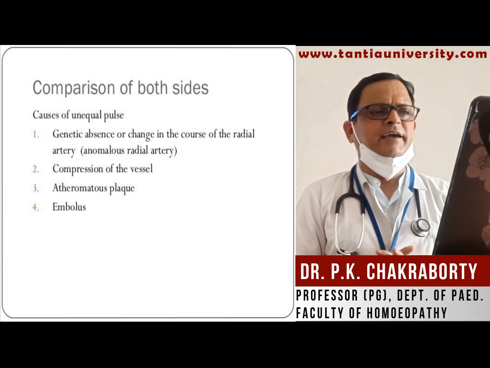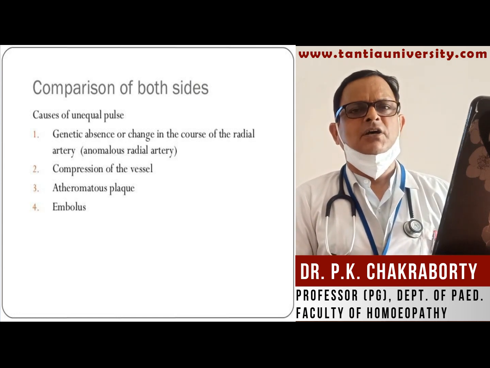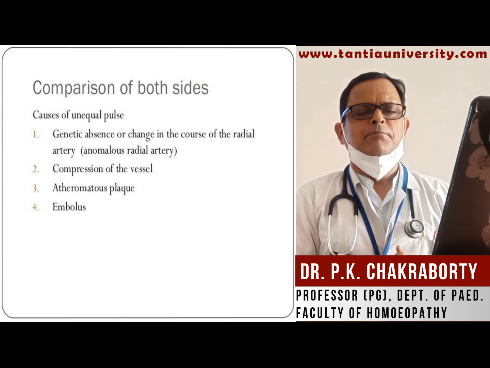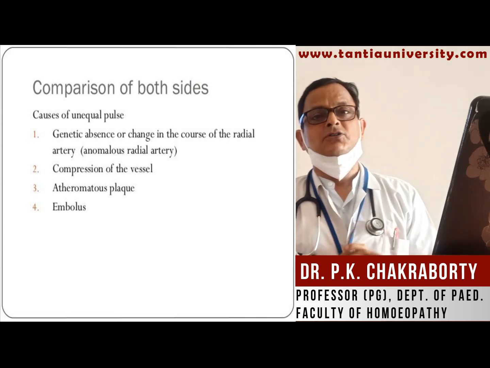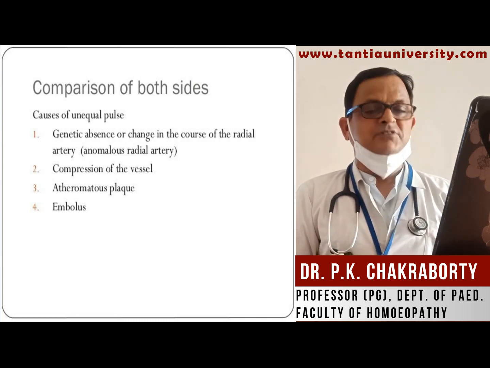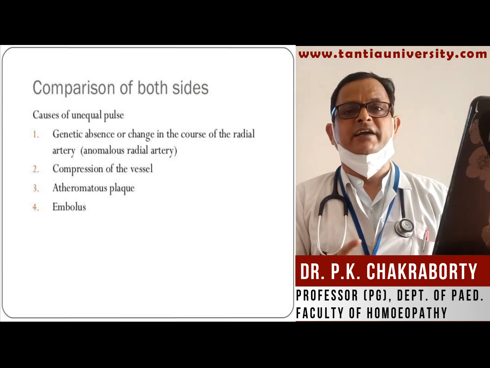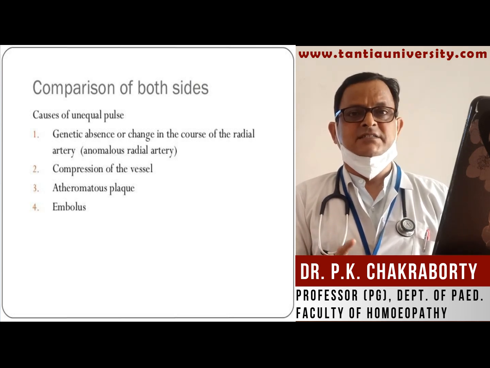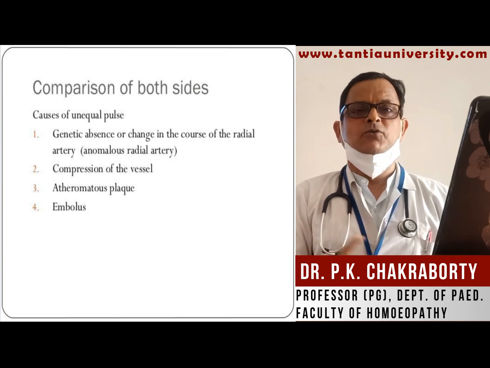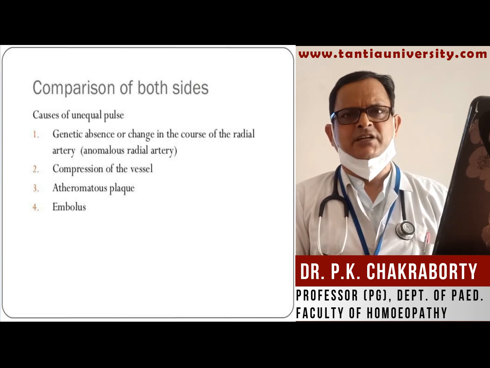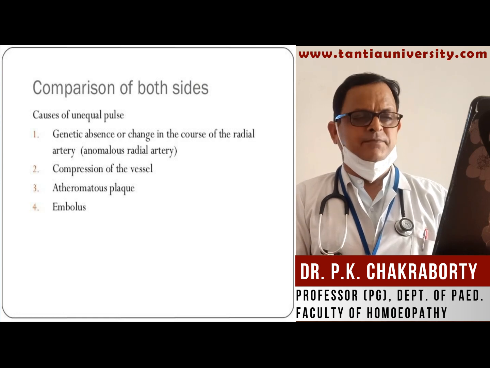Some atheromatous plaque may cause abnormalities in the filling of pulsation on either side. Some embolus may block proper circulation, and you may not get pulsation on a single side, and you cannot judge a case with a single side. If you check both sides, it can give a lot of other information for differential diagnosis.